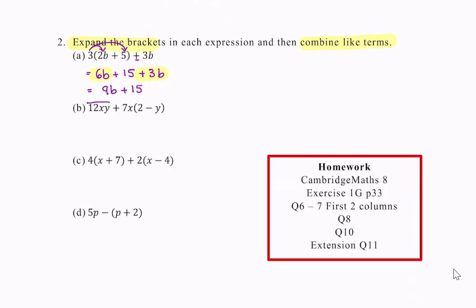So now I'm going to do exactly the same for the next one. This 12xy is just sitting here by himself, so I'm going to write him down. The plus sign belongs to the 7, so I'm just really multiplying by a positive 7. And I'm going to deal with this bracket. 7 times 2, well, that's positive 7 times 2. 2 sevens are 14, so I'm going to write down plus 14x.